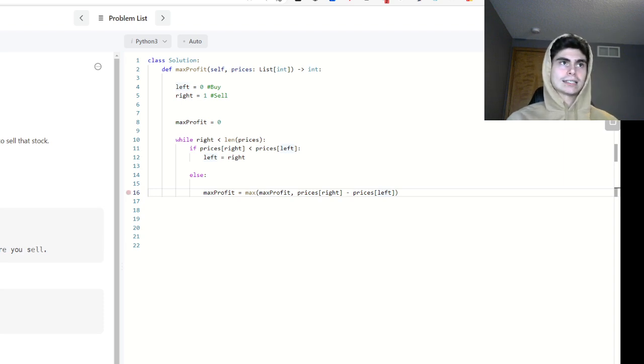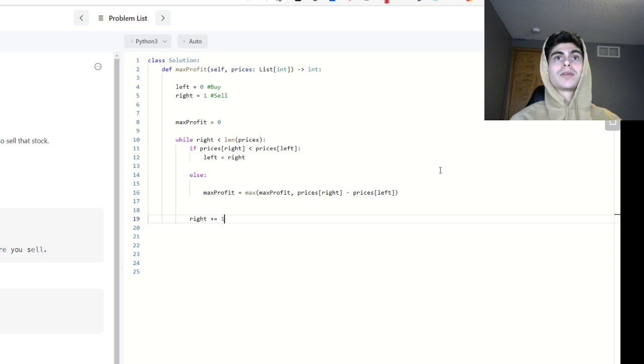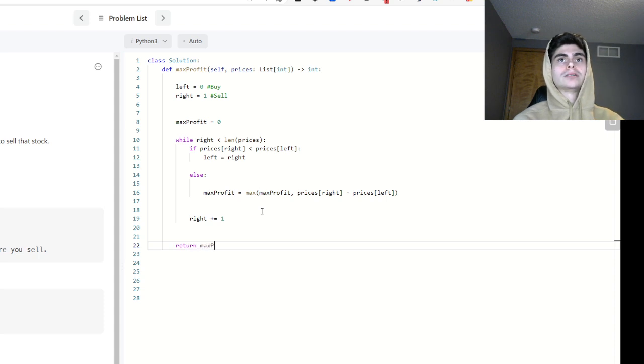As we saw, it was 5 and it was our max profit. And so we're always going to move the right pointer up 1, but the left pointer only gets moved if it's not a profitable transaction, because we're essentially getting the lowest number that we could buy the stock at. And then we just return max profit.